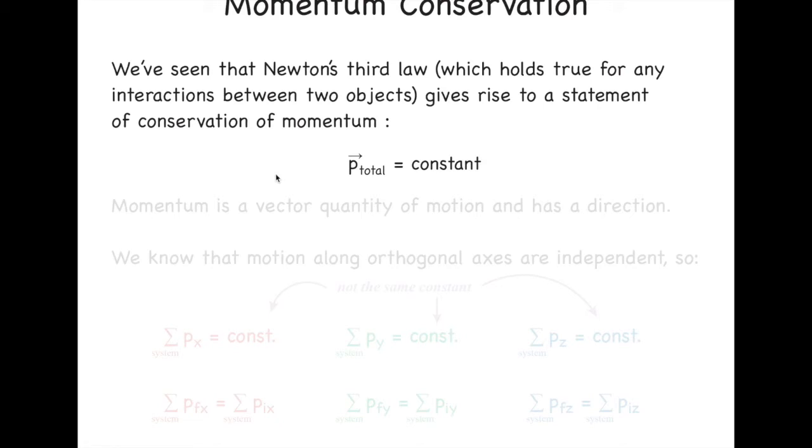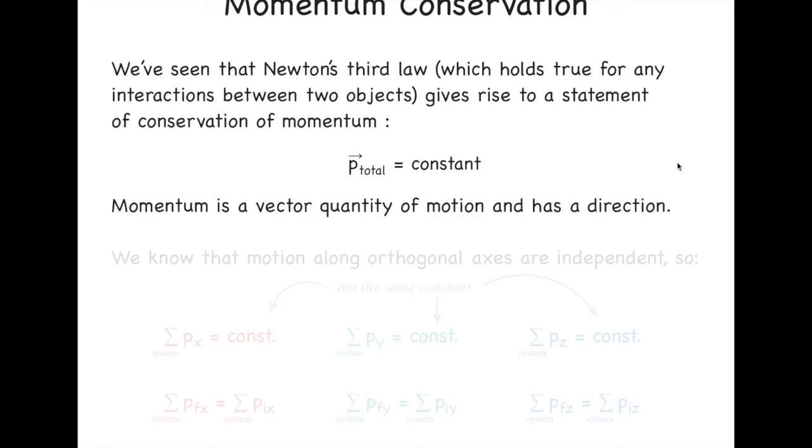You should go back in your notes if you're unfamiliar and see that starting from Newton's third law, we were able, with about 3 or 4 lines of math, to come to a result that said that the total momentum is constant for any isolated system. So there really should be a note here that says for an isolated system. What that just means is that if we define our system broadly enough so that we encompass all the things that are interacting in that system, then the total momentum of the system will be conserved.